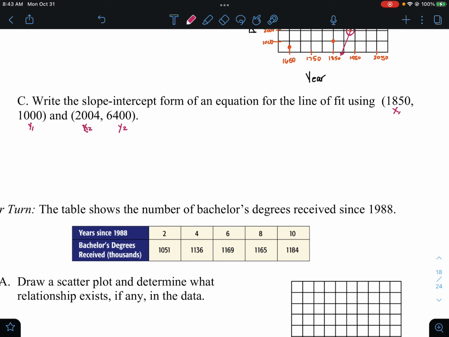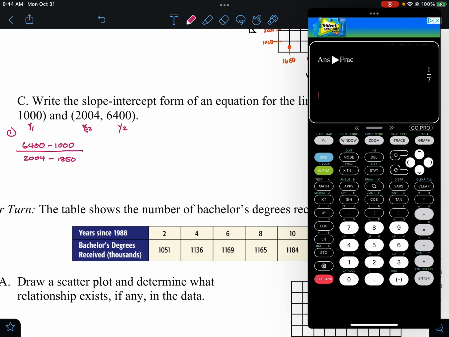And our first step is to find our slope. So 6,400 minus 1,000 all over 2004 minus 1850. So this is step one. I'm just going to do this all at one time. So 6,400 minus 1,000. We know what that is. 5,400.